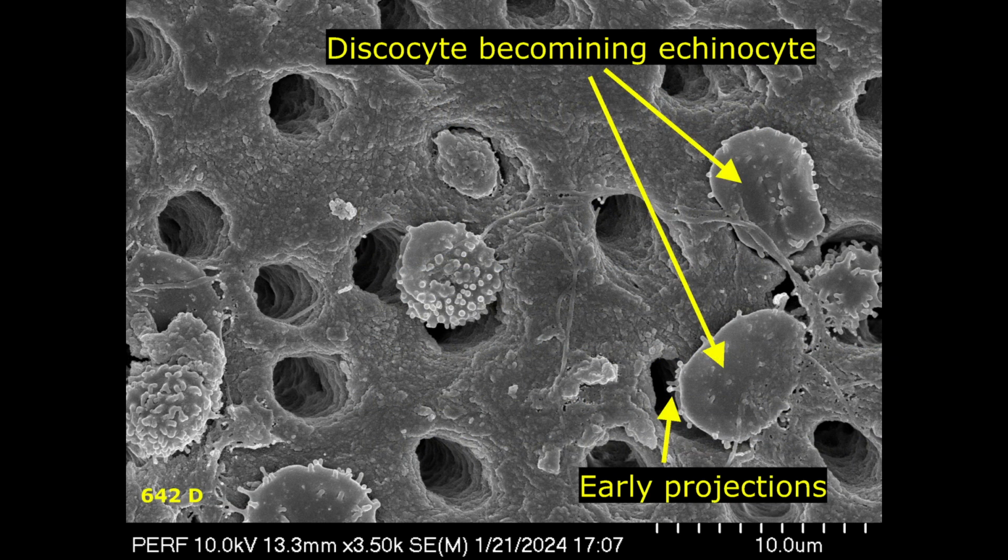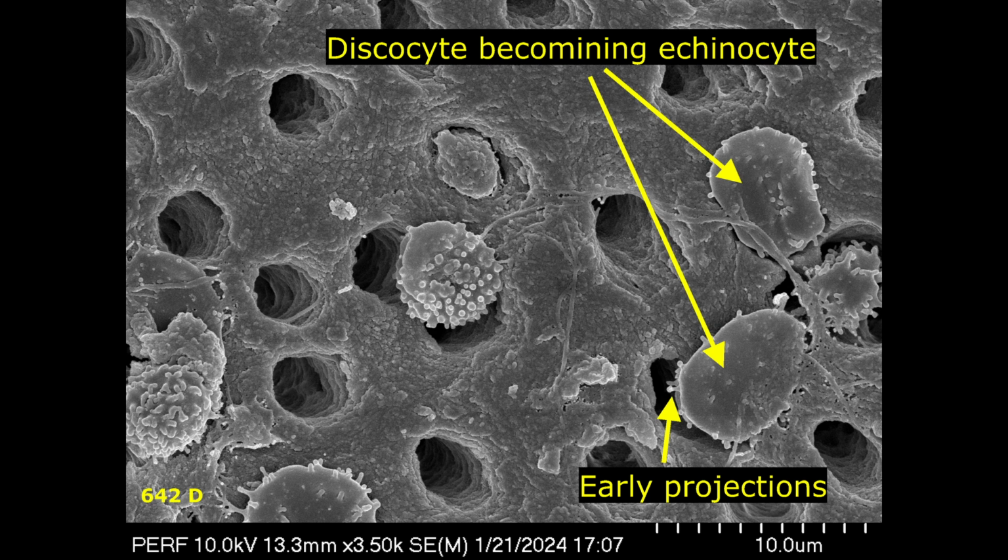When you go back and look at the SEMs with this knowledge, now you can see how these discocytes actually transition over to echinocytes, and you can see the process in all the different stages of transformation, where you had these early projections on the erythrocyte surface, and then as the transition continues, it turns into an echinocyte.